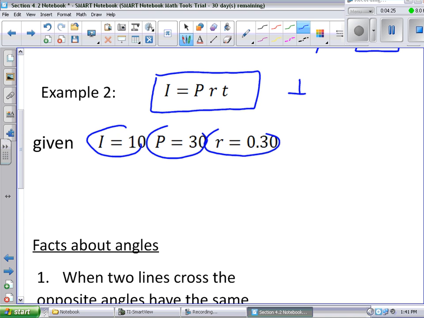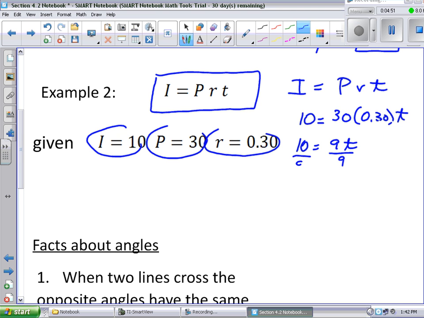So interest is equal to P times R times T. So I is 10, P is 30, R is 0.30 times T. So I'll have 10 is equal to 30 times 0.30 is 9, so I have 10 is equal to 9t. And if I divide both sides by 9, I'll have 10 over 9 is equal to t.